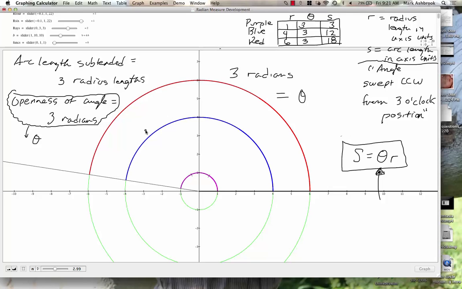R is how long one radius is, and theta is how many you have, right? If you have the length of one radius, and you think of theta as the number of radius lengths, it makes perfect sense. You take how many you have times the length of each one, and that gives you the total length of the arc. So this is the length of one radius, and this is the number of radii that you have.